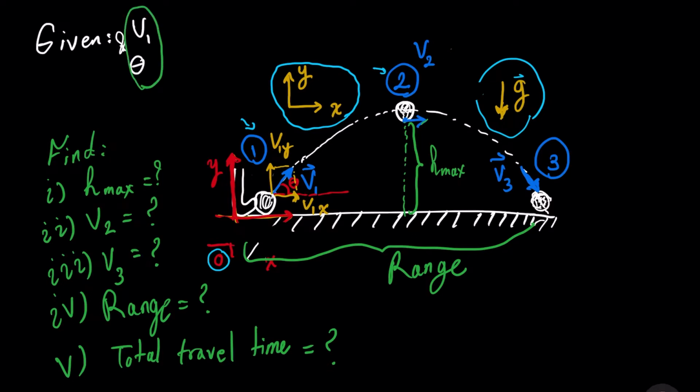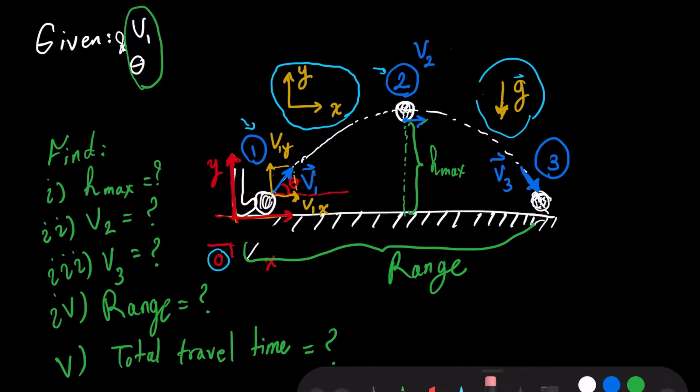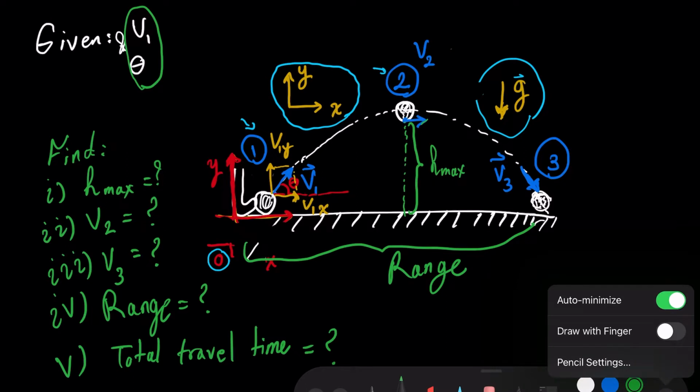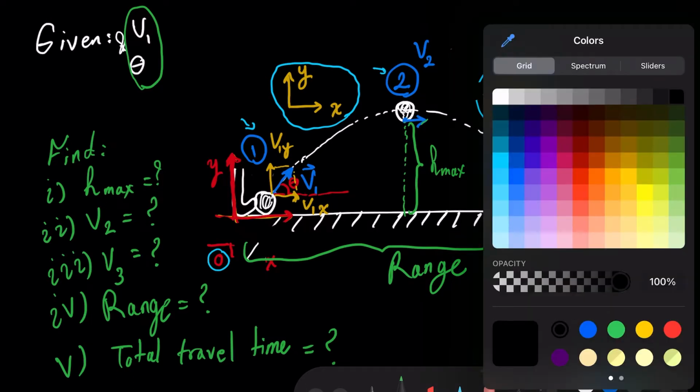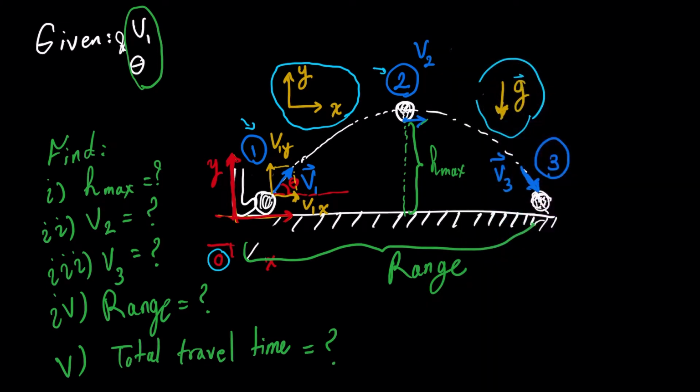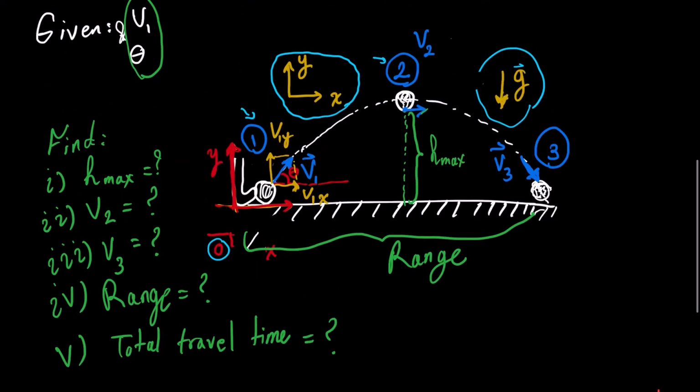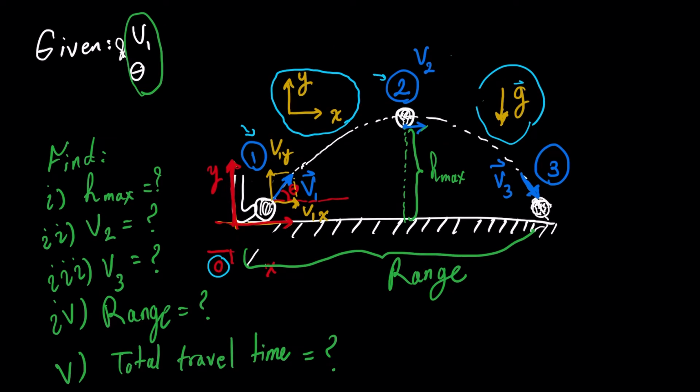All right, I'm going to change the color of my pen. We're going to go ahead with yellow here for the solutions. So the first part is asking, what is H max?